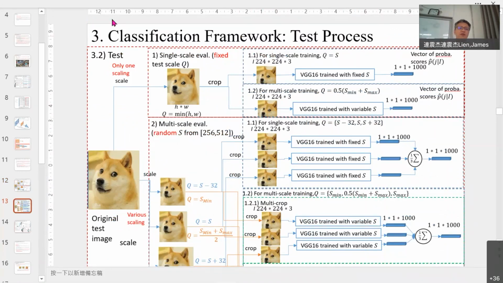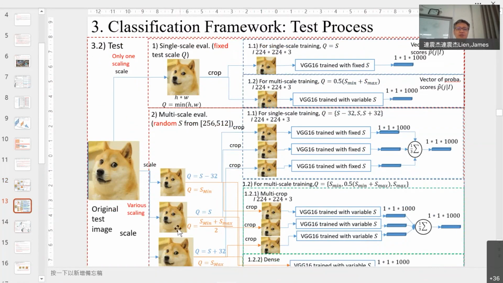For the test, you can either use just one image, or you can use the same image at three different scales, input them, get three results, and then average them as your final result. They prove this kind of result is better than a single input.